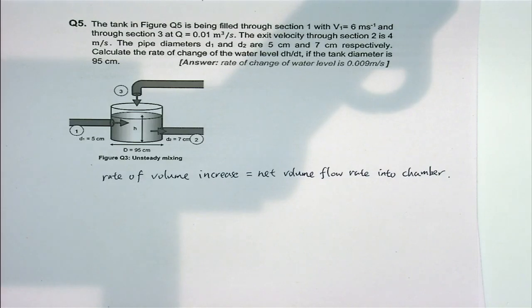So we know the cross-sectional area of the tank. So we can calculate the rate of volume increase using the height increasing rate and the cross-sectional area of the tank.